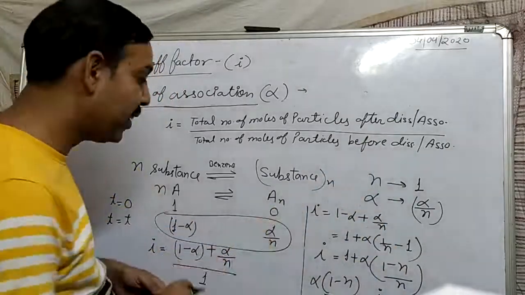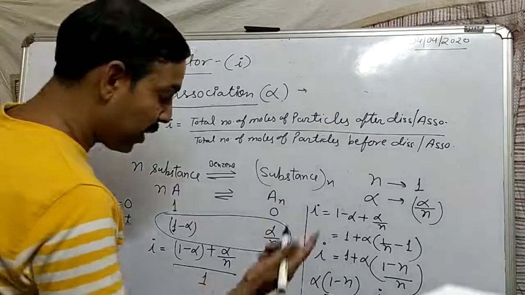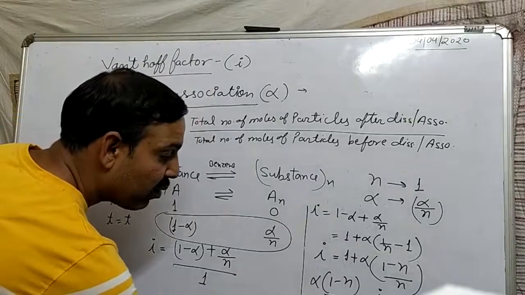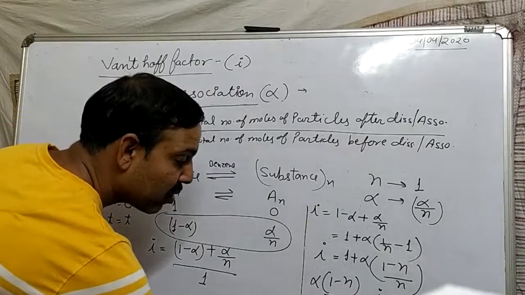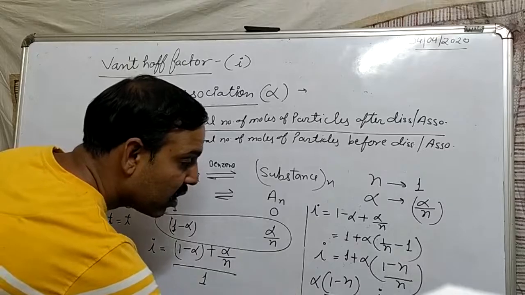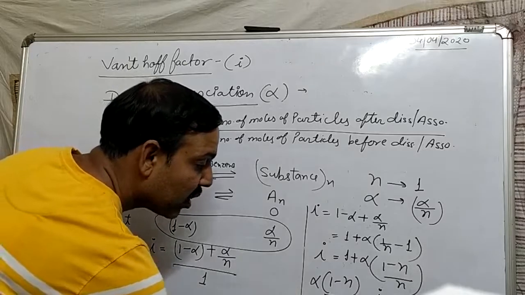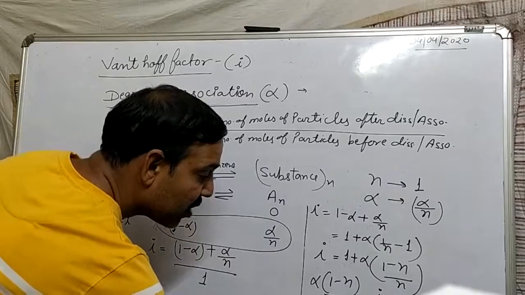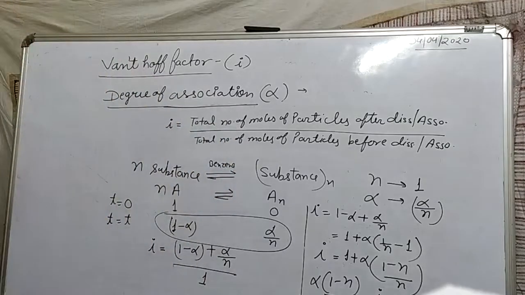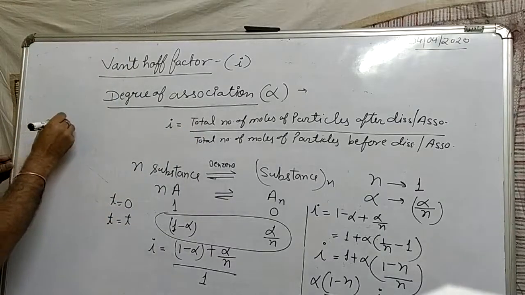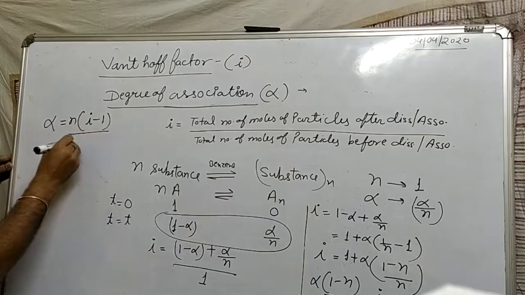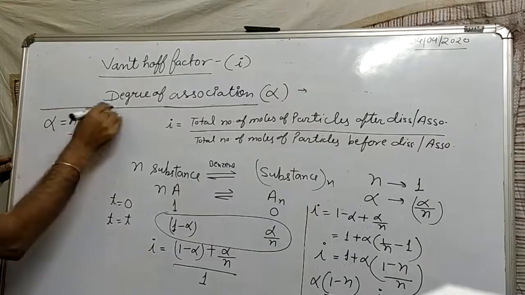n is multiplied there. So alpha is equal to n is multiplied, so n (i minus 1) upon (1 minus n). This is the formula to calculate the degree of association. The formula is alpha is equal to n (i minus 1) upon (1 minus n).